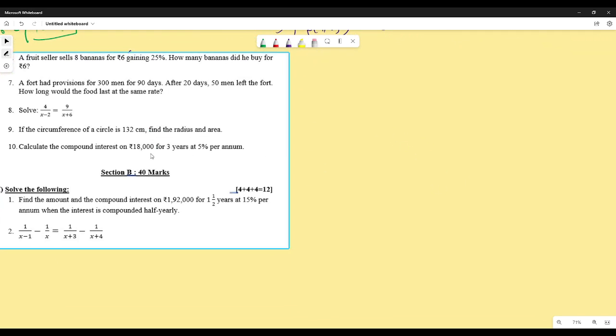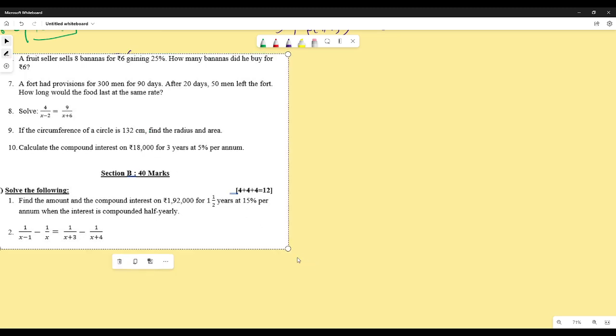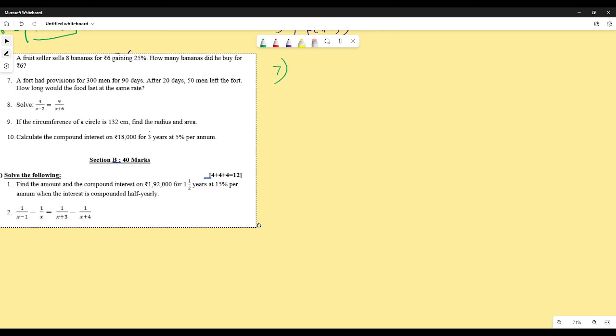I will take up only this one. So a fort has provisions for 300 men for 90 days. After 20 days, 50 men left the fort.